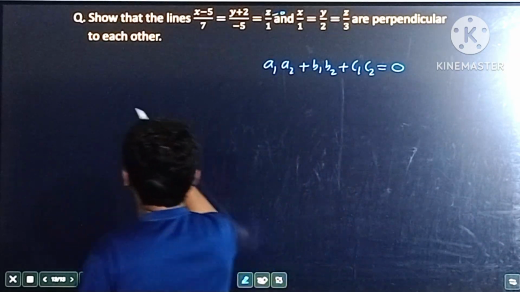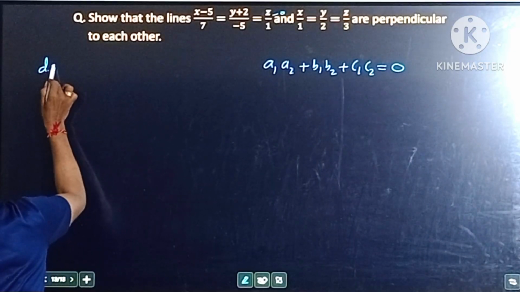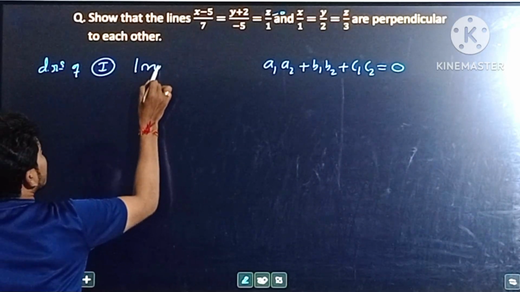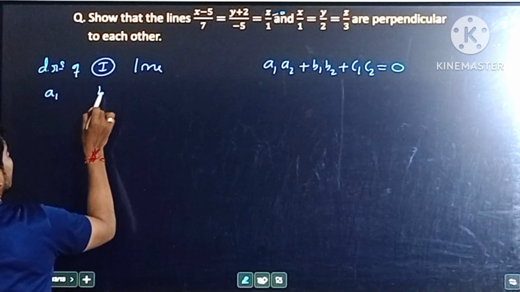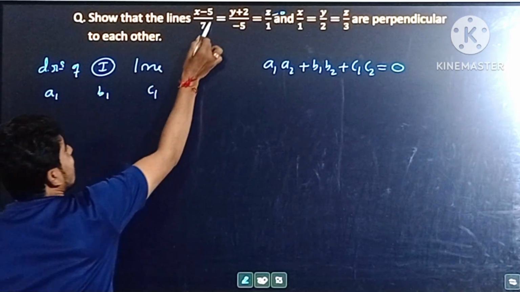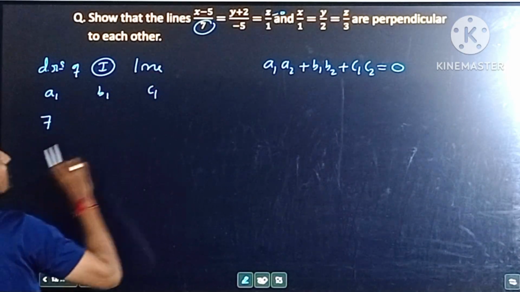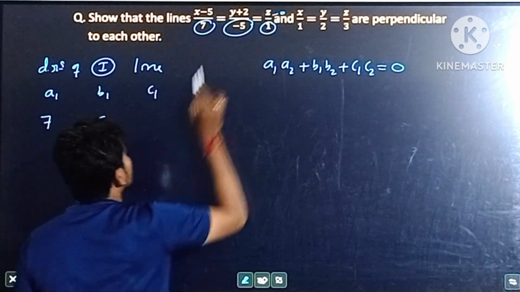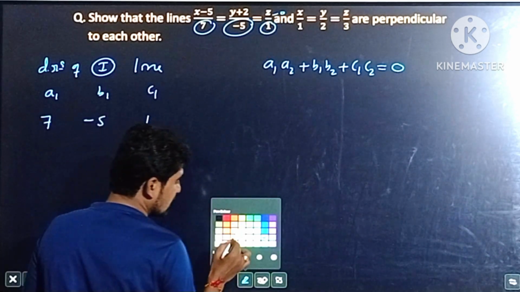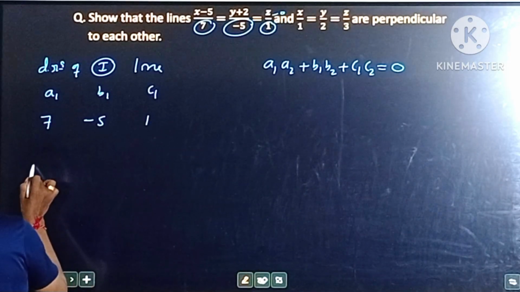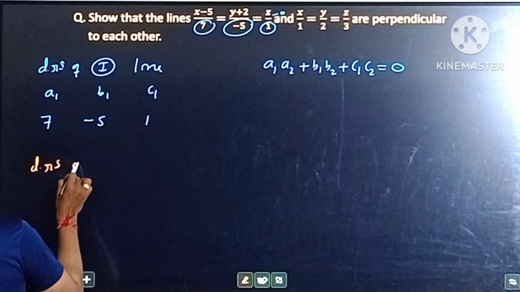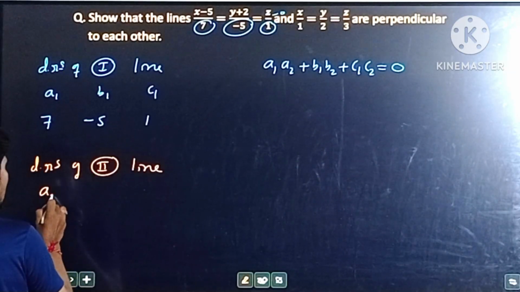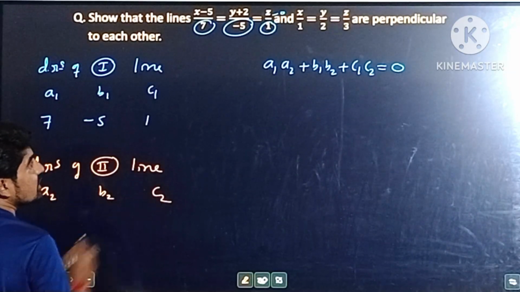So therefore the direction ratios of the first line, let's say a1 b1 c1: the value of a1 is 7, the value of b1 is minus 5, and the value of c1 is 1. Similarly the direction ratios of the second line, let's say a2 b2 and c2.